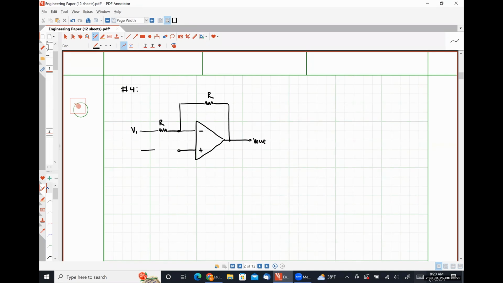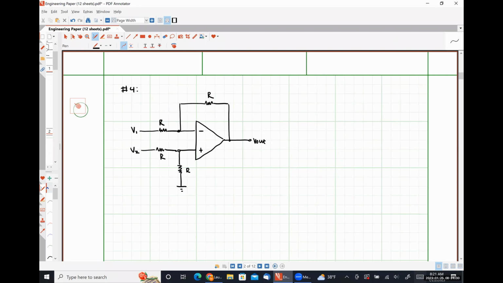And then on this side, we have another resistor R connected between our non-inverting input terminal and our voltage V2. And then finally, we are going to have a fourth resistance R here between our non-inverting input terminal and ground. Now it is critical that all of these resistors are the same thing.